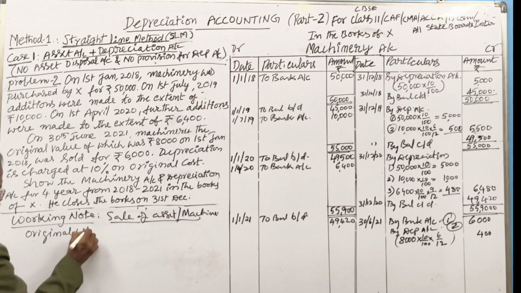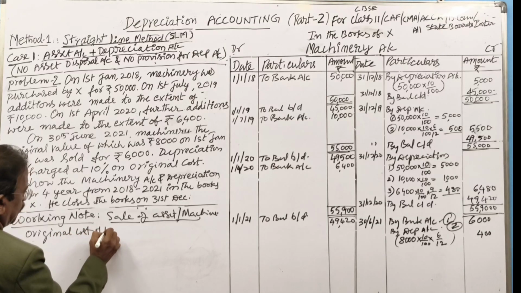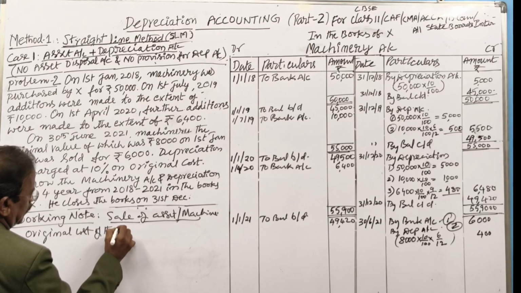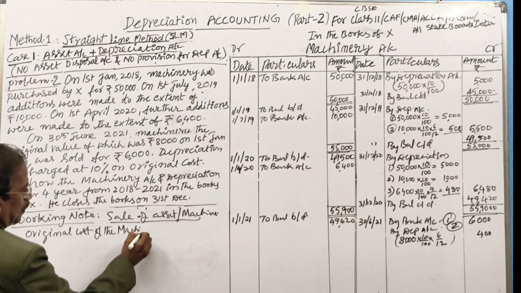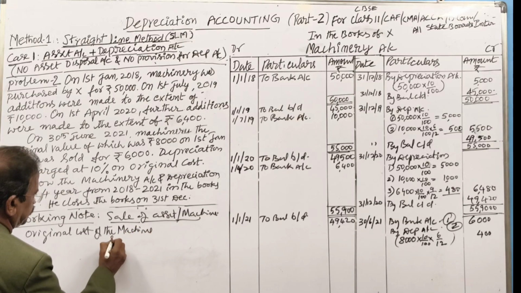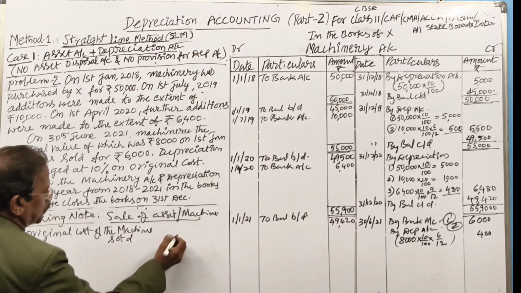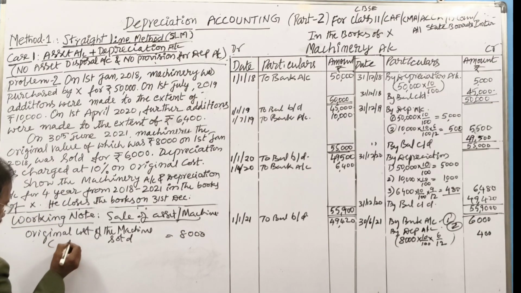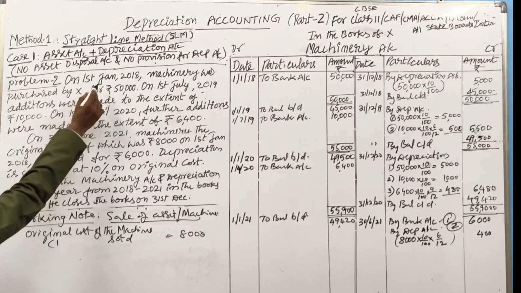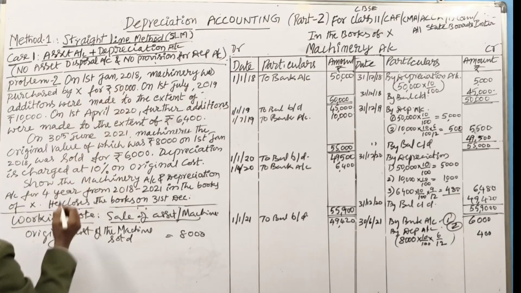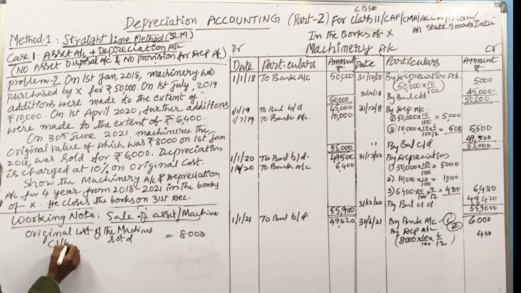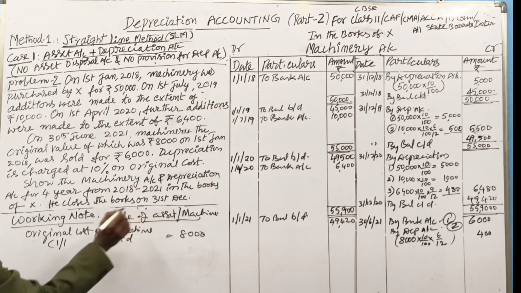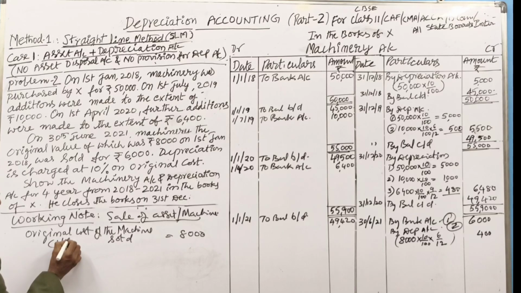Original cost of the machine sold equals 8,000. On 1/1/2018 you purchased; on that date the original cost is 8,000.